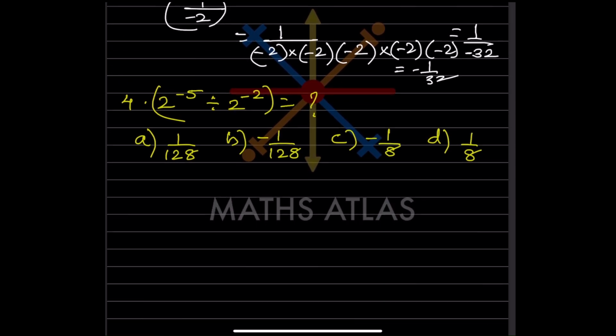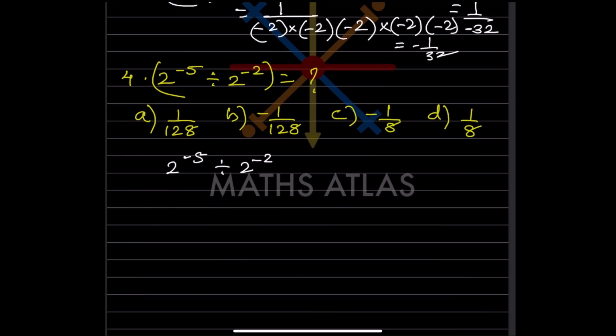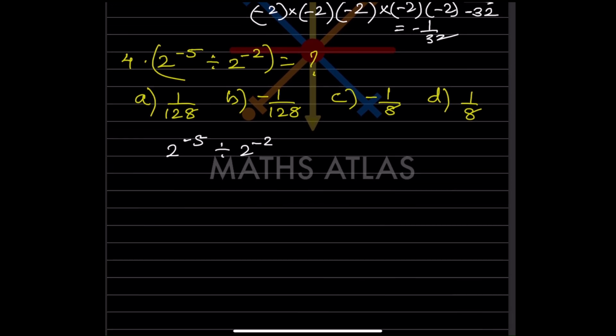Now let us write this one, 2 raised to minus 5 divided by 2 raised to minus 2. What are you going to do for this one? 2 raised to minus 5 you can write as 1 by 2 raised to 5, divided by, since both are negative exponents, 1 by 2 raised to 2. 2 raised to 5 means you multiply 2 five times, which is 32.